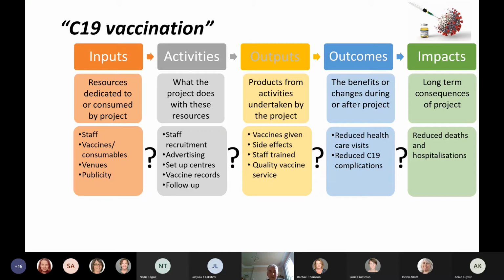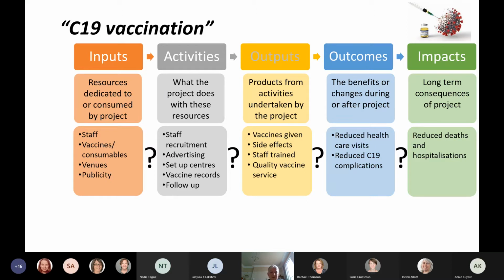Then if we think about the outputs from this particular project, for the question marks, you need to be very sure at each of those question marks that one leads to the other, leads to the other. So if we have outputs from this particular project, some of the things we might want to measure, this is where it helps with evaluation.